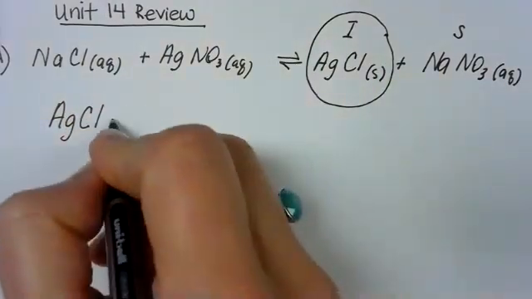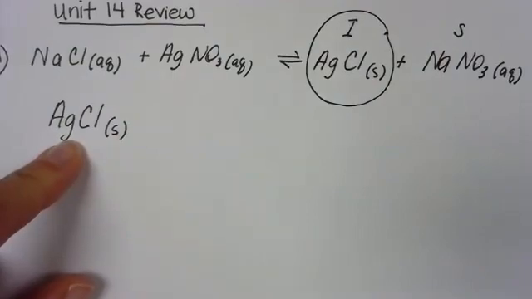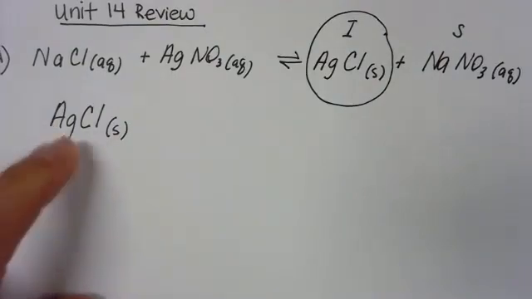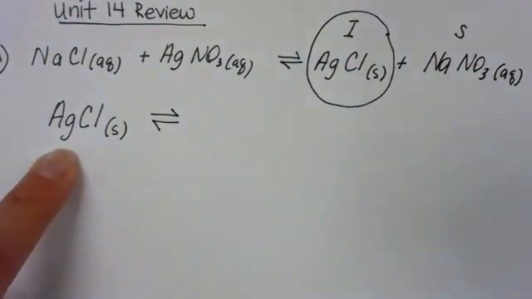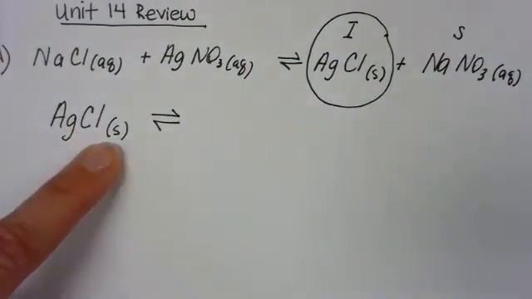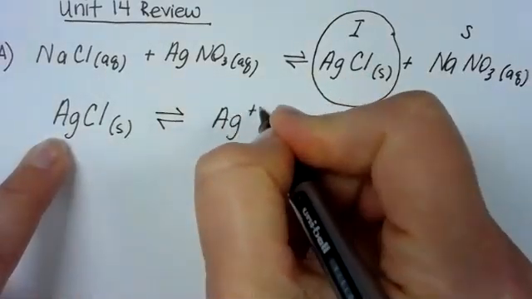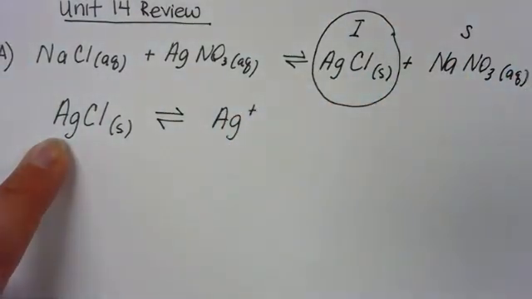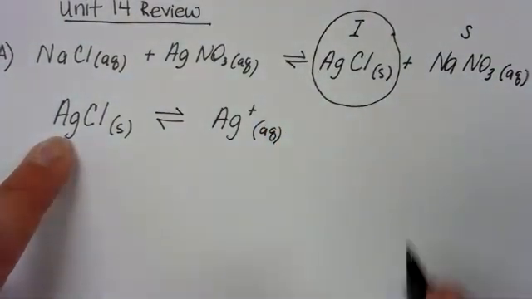So this is your starting point. Before Wednesday, this is where we started from to make our expressions at equilibrium. Our Ksp is based off this. So from this, I can then make my equilibrium, right? This is my solid form. I know that silver is a +1, so I'm going to write plus. It's now in aqueous form because it's dissolved.